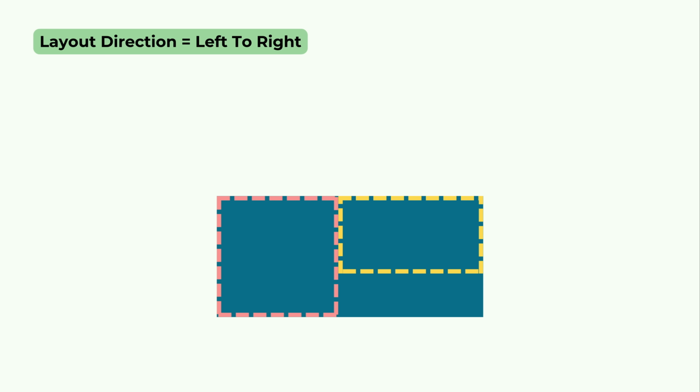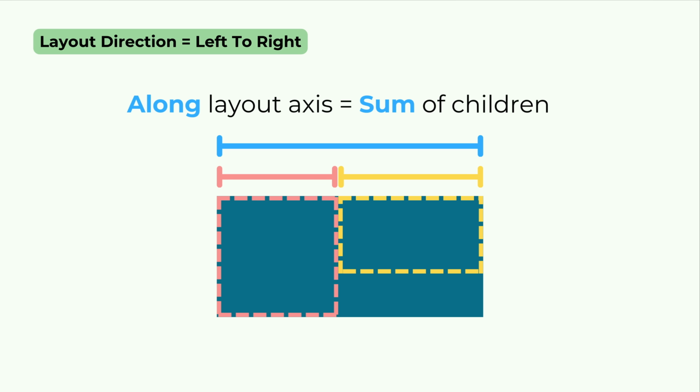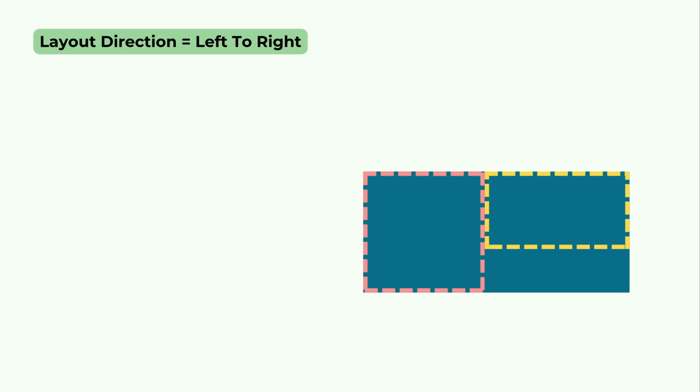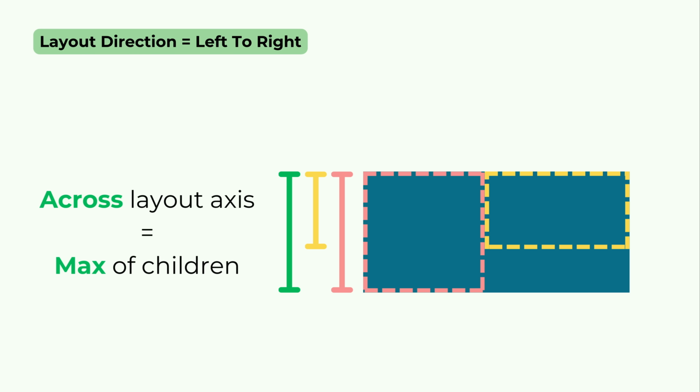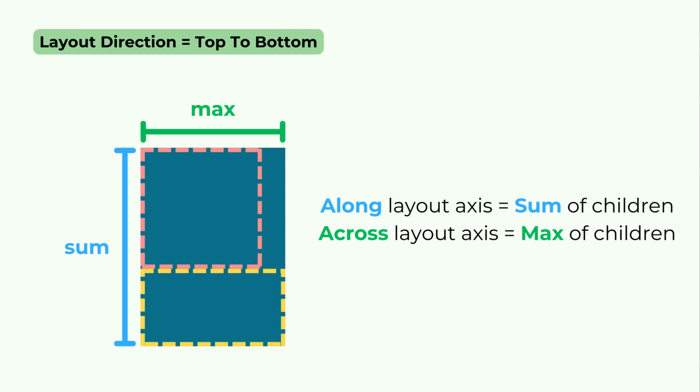If we boil this down to a logical approach we can implement, our size along the layout axis is the sum of the children's sizes, whereas across the layout axis, the parent size is the maximum of the children, that is, the size of the largest child. We can see that if we change our layout direction to top to bottom, we can apply exactly the same strategy.